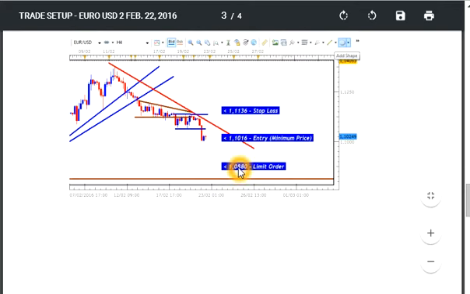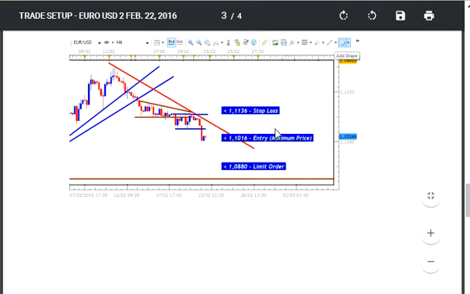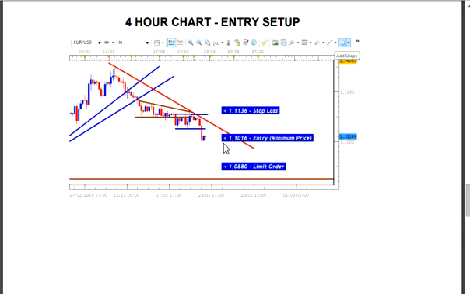Target would be at 108.80, which is just above the support boundary. So you're talking about a potential gain of between 136 pips and 150 pips.